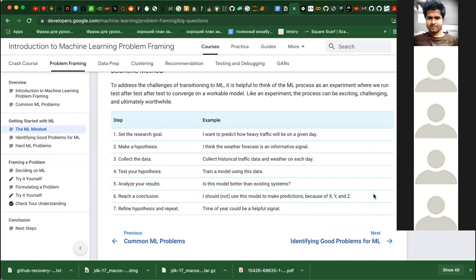And when we want to do some experiments, when we want to learn something, we set the goal, we set the hypothesis, collect data, then test our hypothesis through experiments, analyze the results, draw some conclusions, and then repeat the whole process, right?